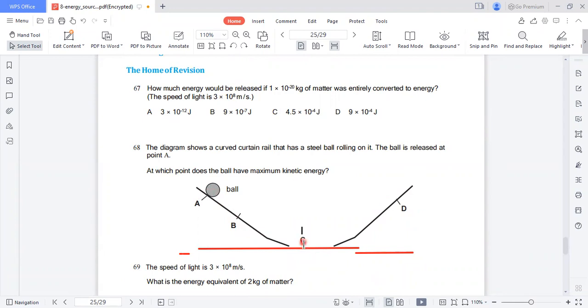So at this point, it will have only kinetic energy and no other energy. That's why we are going to mark this one as the point where it will have maximum kinetic energy.